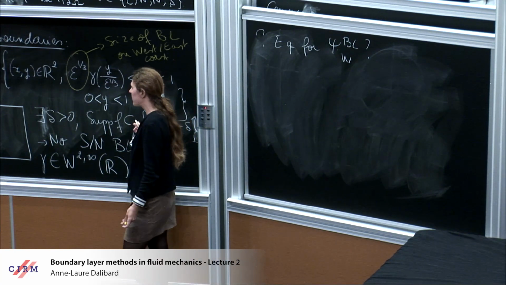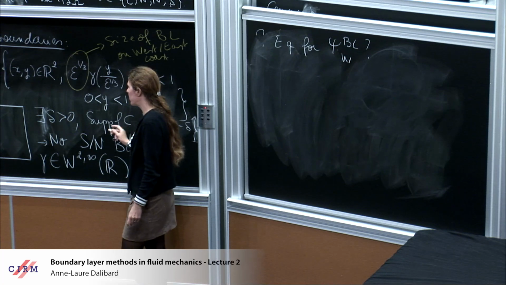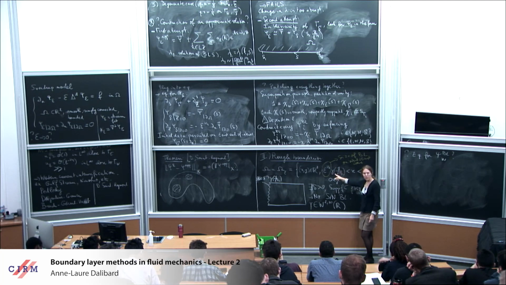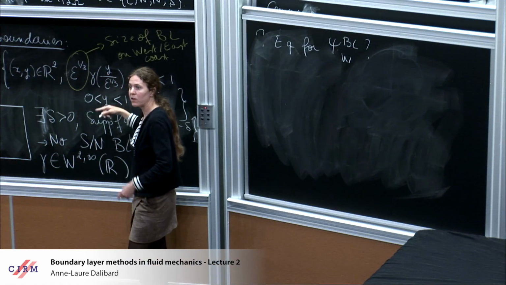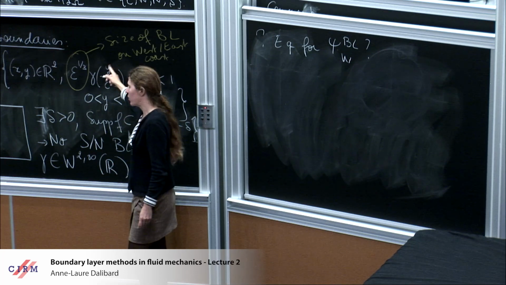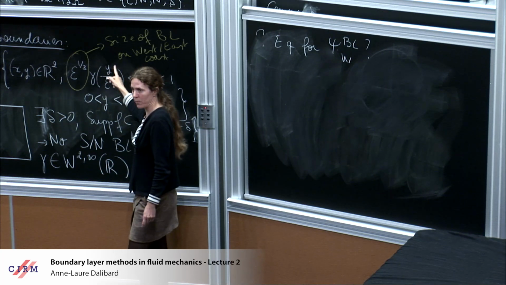You still expect the size of the western boundary layer to be epsilon to the 1/3, but now, because of this small scale structure in the western boundary, you also expect the western boundary layer to have a small scale dependency in y.